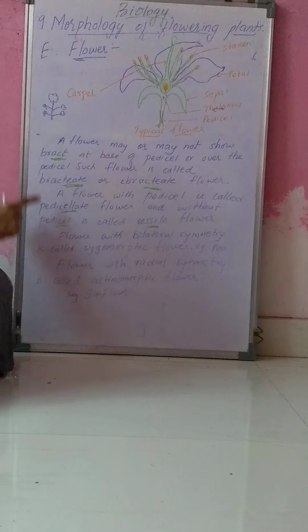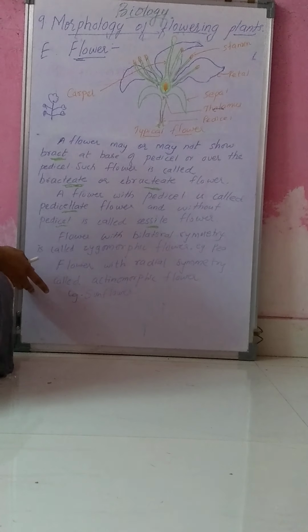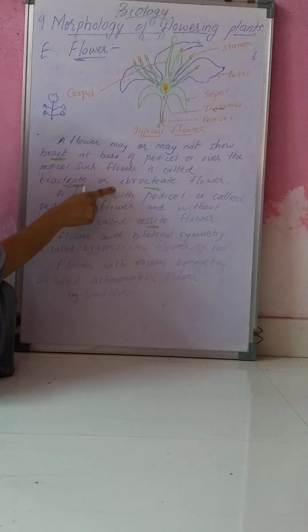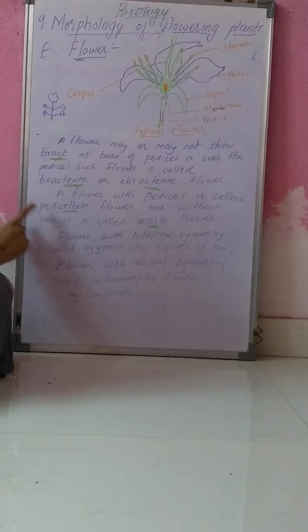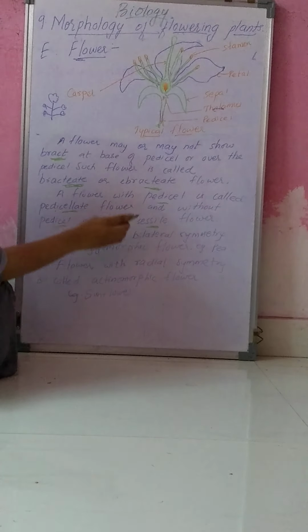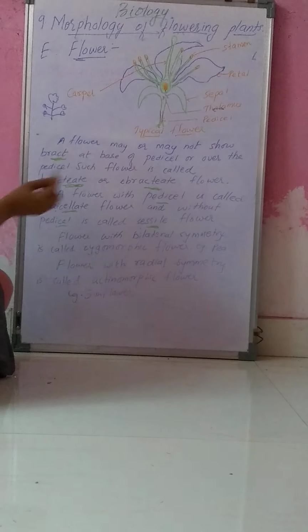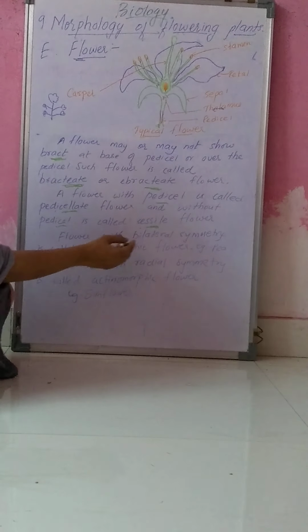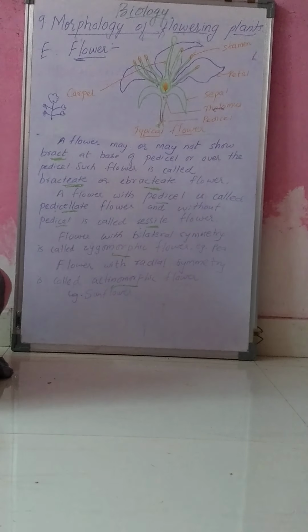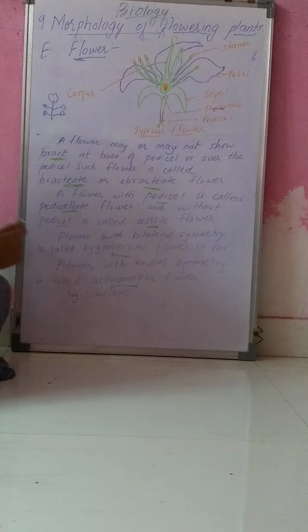So we have seen here three types of flowers. On the basis of bract, the flower is bracteate or ebracteate. On the basis of pedicel, the flower may be pedicellate or sessile, and on the basis of symmetry, the flower may be zygomorphic or actinomorphic. So today, students, we have studied inflorescence.